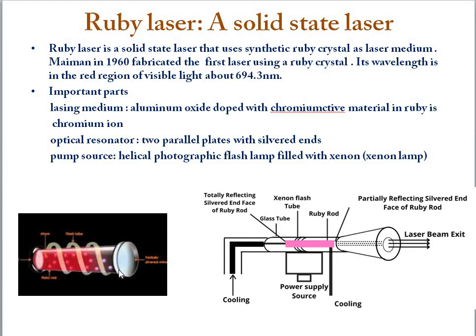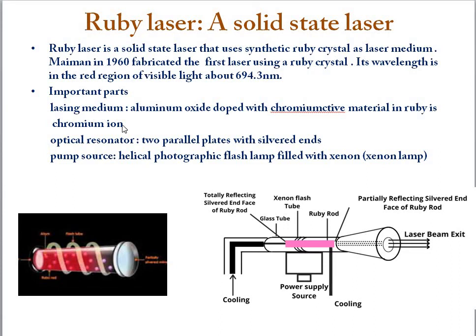The ruby rod is placed inside a helical photographic flash lamp filled with xenon gas. So it is called the xenon lamp.